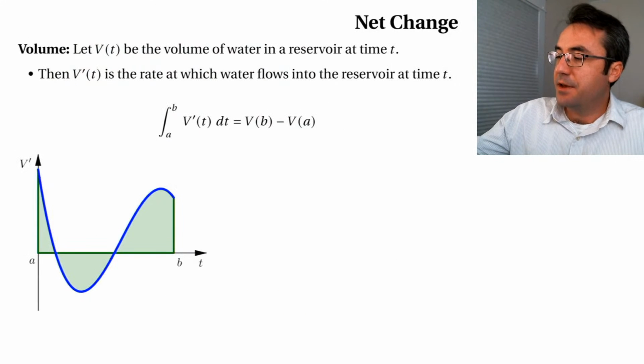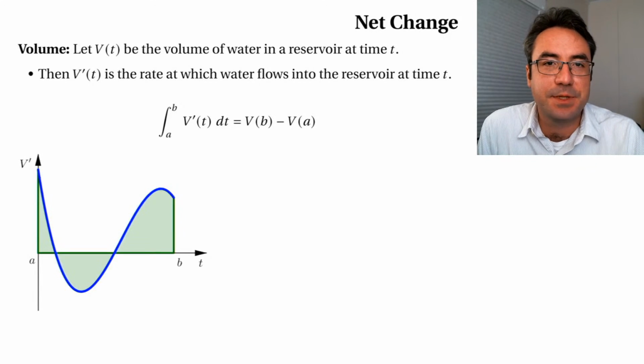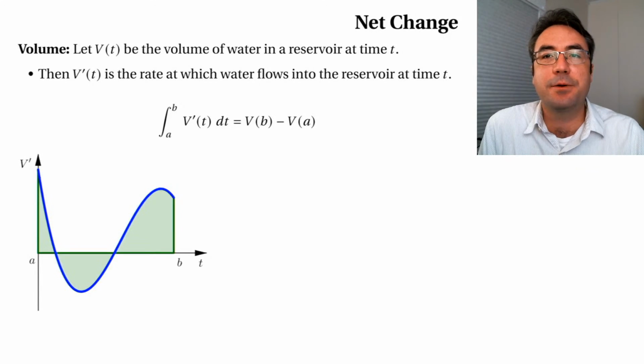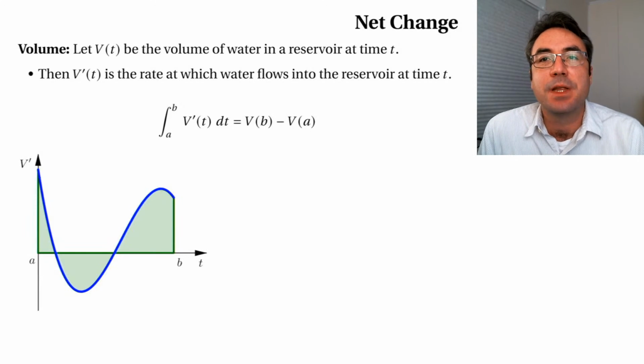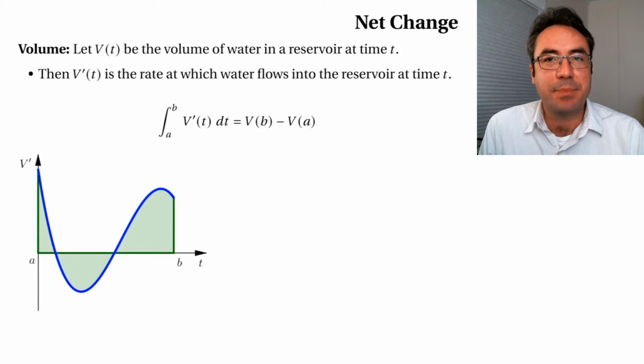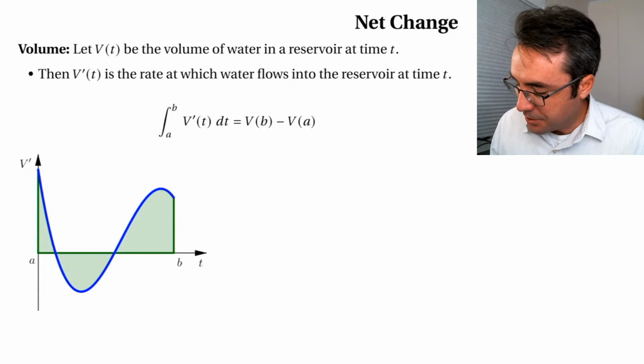So let's kind of think of this in terms of another example. Let's look at the scenario where we have a reservoir, a tank, and we're filling it up and maybe draining it out with water. So we're going to let function v of t be the volume of water in this reservoir at time t. So let's draw a little picture.